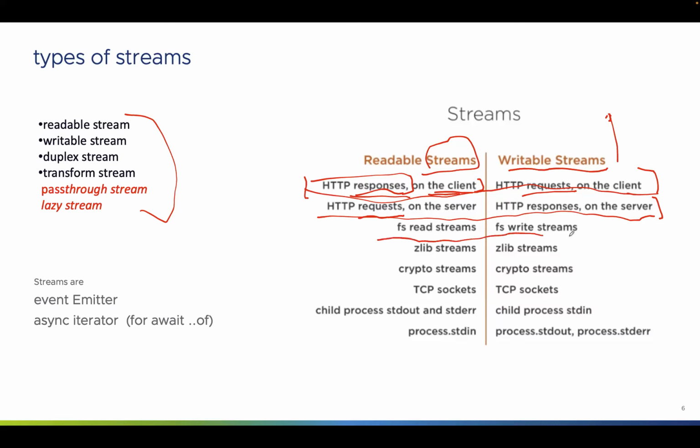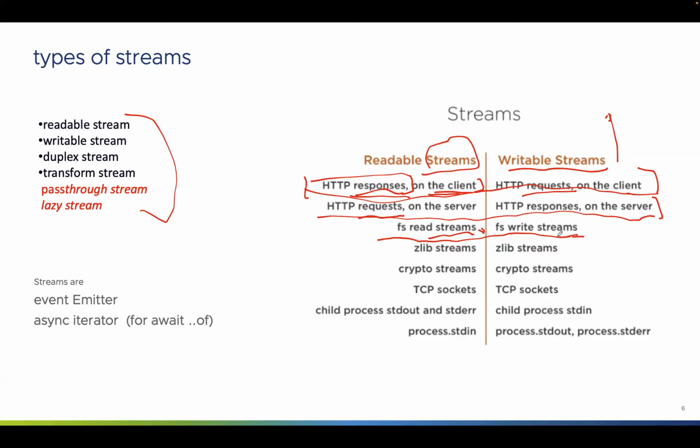Another example is the FS file system read stream. You read from the underlying resource, for example a specific file, onto the stream, and then your application uses the data from this stream.